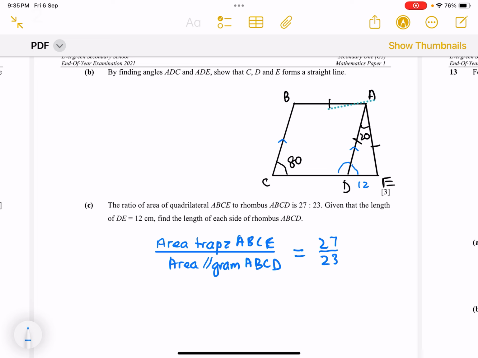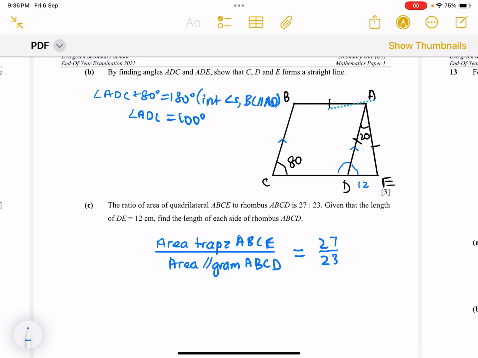Alright, so since the rhombus we have parallel lines, therefore we can find this angle here, which is angle ADC plus 80 is 180 because this is interior angles. And the parallel lines are BC and AD. Right, so that gives us angle ADC is 100 degrees.